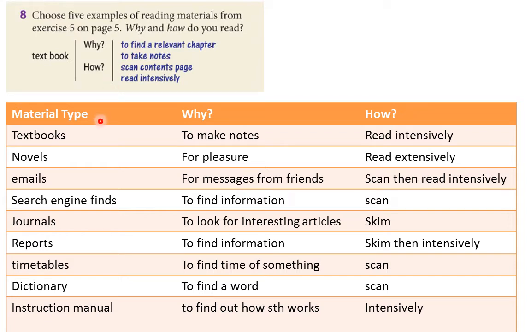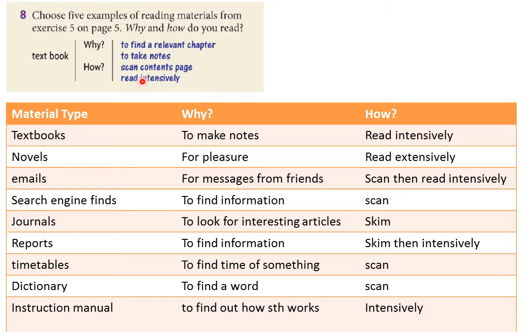Let's go together through some of the 10 types of materials, and this is an example of answers. You may have different answers. This is no problem. This is your opinion. Let's start with textbooks. The purpose is to make notes.